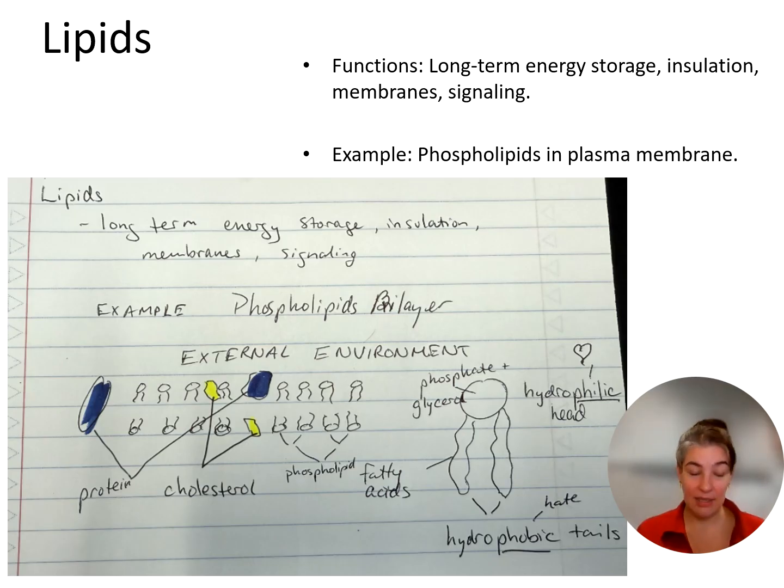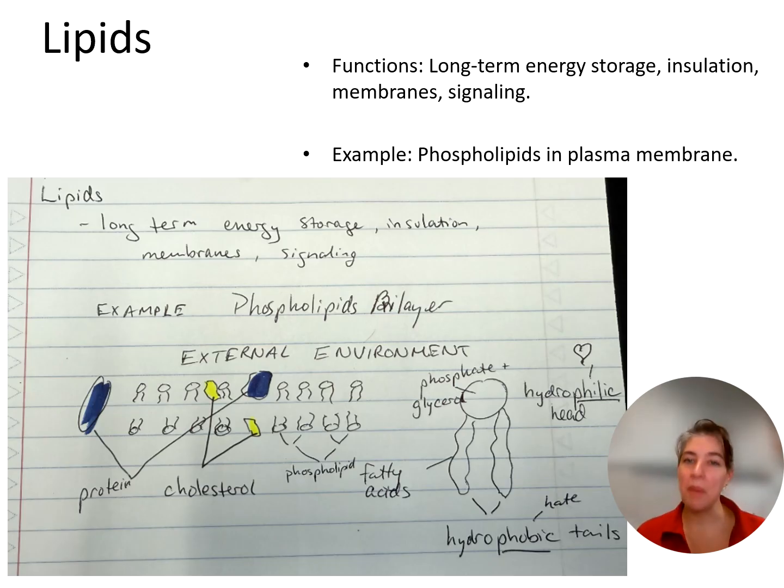With the tails on either side and the hydrophilic heads at each end, it forms a selective barrier. This bilayer separates the inside of the cell, the cytoplasm, from the outside environment. Small nonpolar molecules like oxygen or carbon dioxide can pass through. Larger or charged molecules like glucose or ions usually need help from transport proteins.